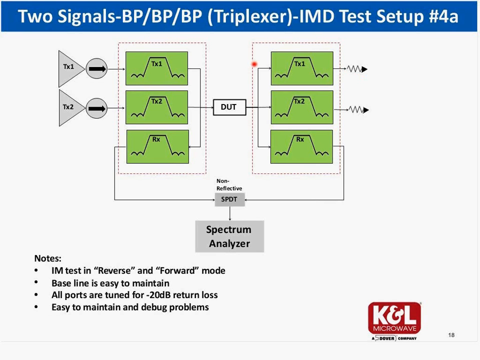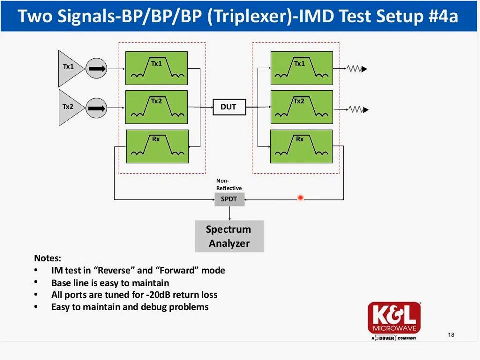So identical units can also reduce the cost of your setup. Placing a non-reflective SPDT spectrum analyzer can complete the task to give you reverse and forward.